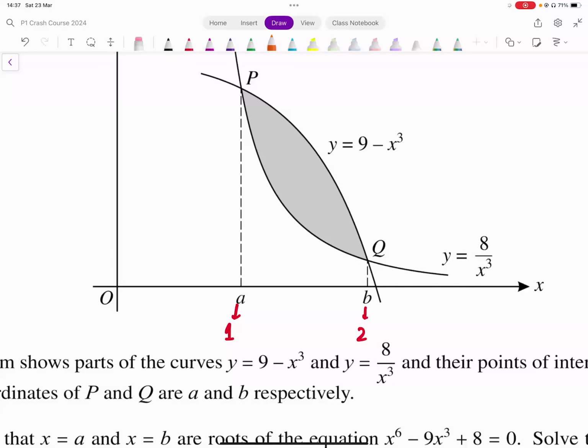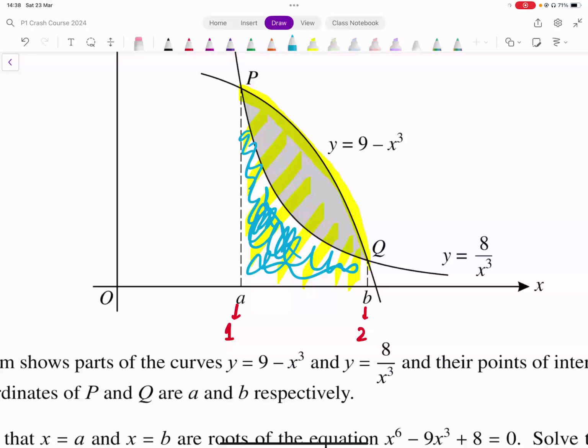What we can do is find this area. So this is the upper curve. Let's find the area between the upper curve and the x-axis. So you find all of this region. Now, this region also includes this region that we do not want, right? We don't want the area of this region.